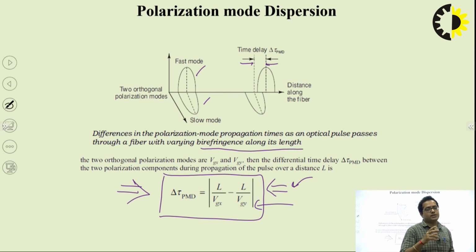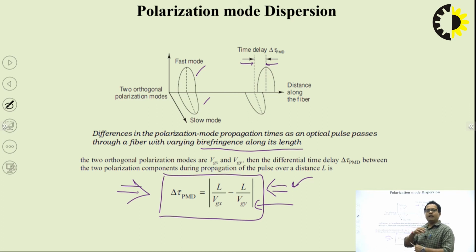The axial ray always propagates through the central axis of the fiber. On the other hand, the meridional ray propagates in a zigzag path, following the total internal reflection phenomenon.